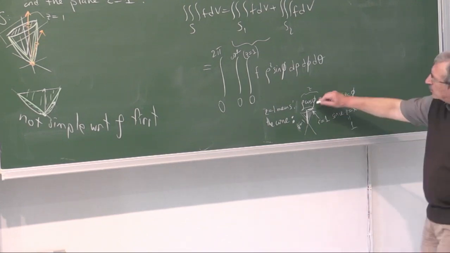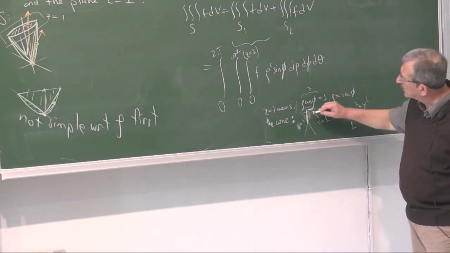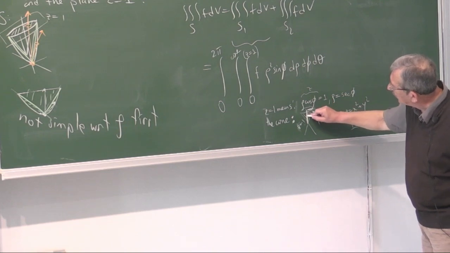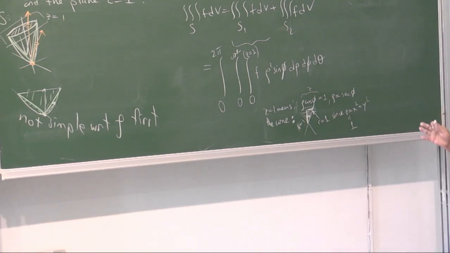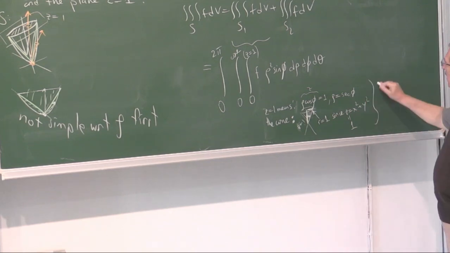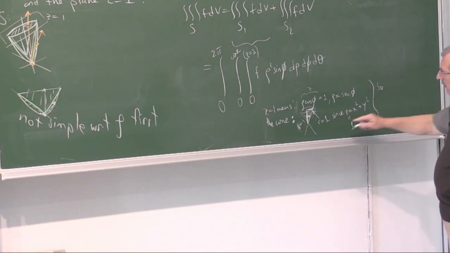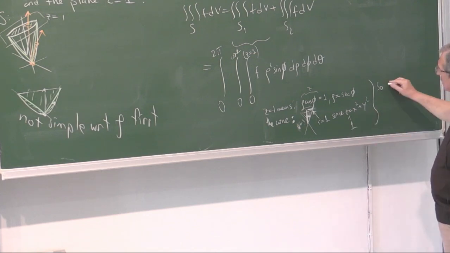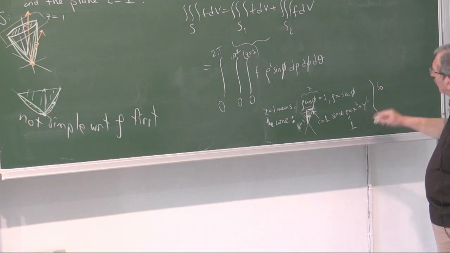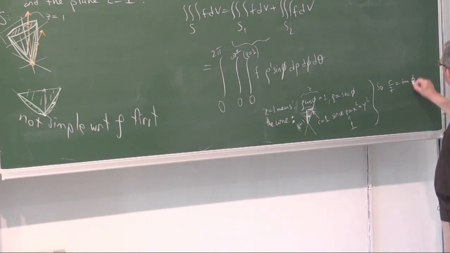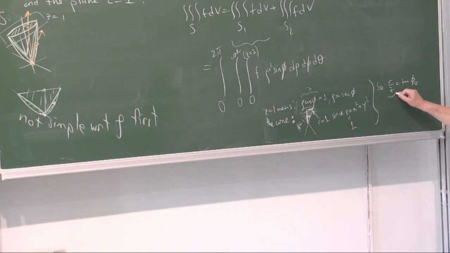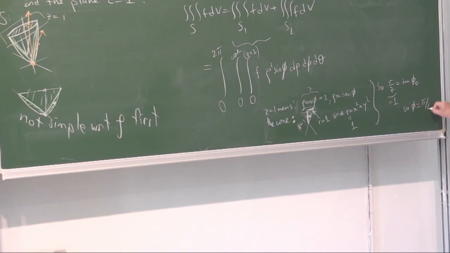Well, if r is 1 and z is 1, what's the angle between the z-axis and this surface, which is the cone? Okay, this says that, namely, r over z, which is the tangent of phi 0, gives you 1. So phi is pi over 4.